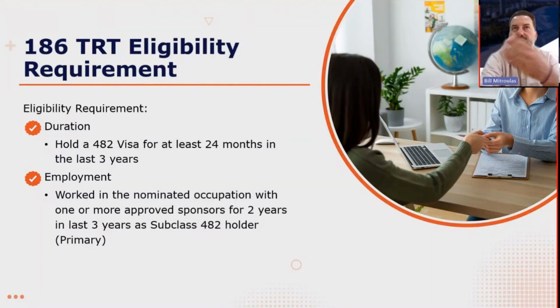Even though they haven't, by the letter of the law, completed 2 years, the department allows for this concession, right? We've done this successfully with many of our clients who were holding temporary skilled shortage 482 visas in the short-term stream for 2 years. We'll have a look at some common issues that could arise, but we have confirmation and we've had plenty of nominations and visas granted along those lines, right?